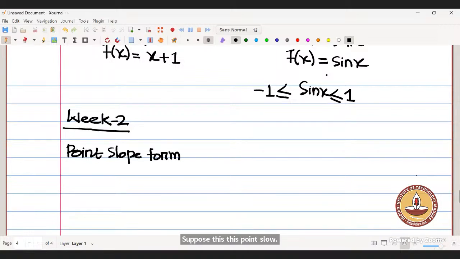This is probably the most important way to find the equation of a straight line. It doesn't matter in which form it is given, you can always bring that one into this form, right?